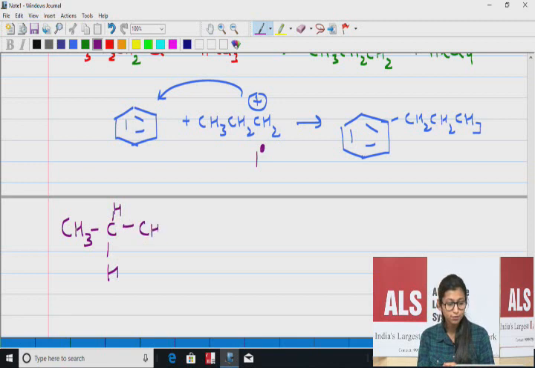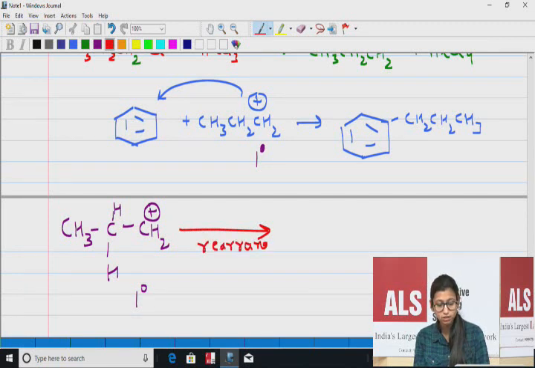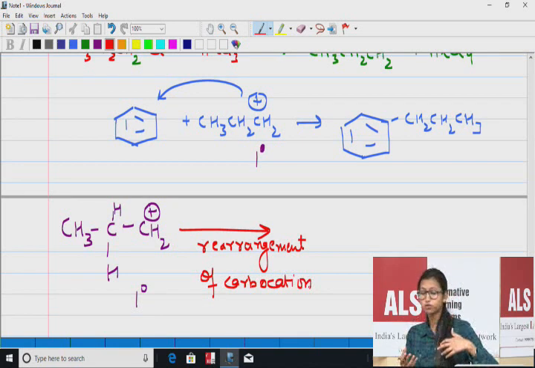Here I will have a CH2 and here is the positive charge. This is a 1 degree. Can I swap the position? These are the chances. We can do that, so I am rearranging it. This is known as rearrangement of carbocation.